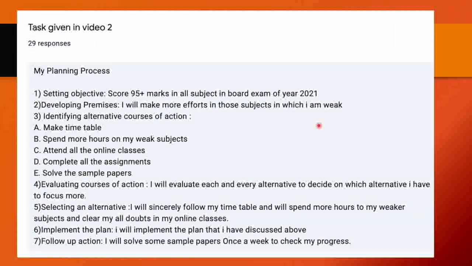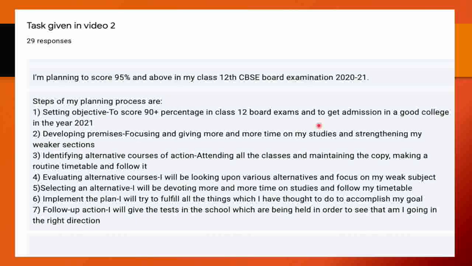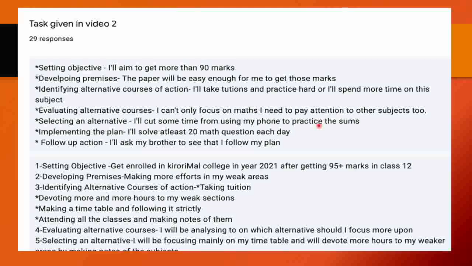And then you selected an alternative. After selecting it, you implemented that plan, and then went for the follow-up action. I'm just showing you what you have sent me. I'm not commenting on whether this is correct or not.